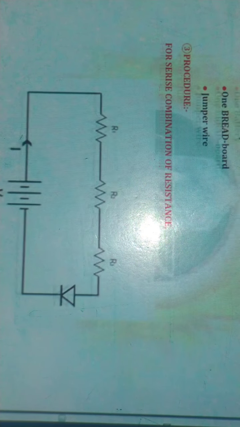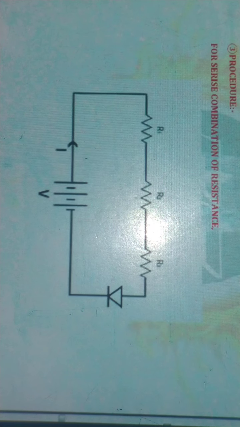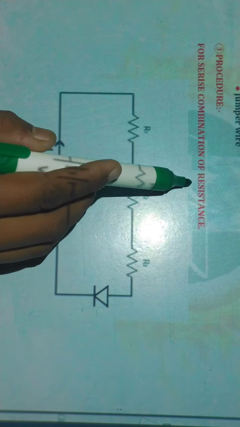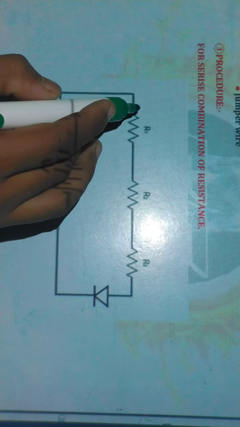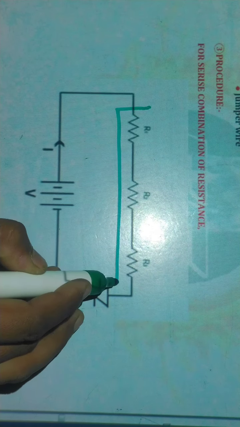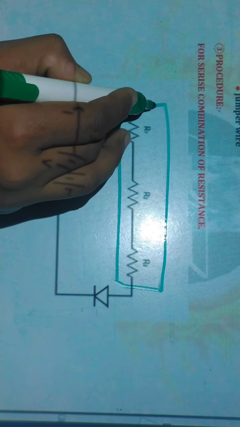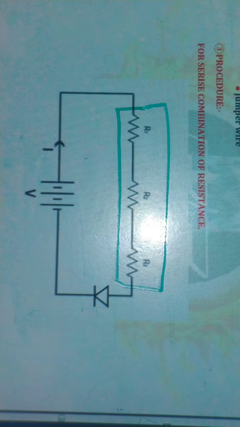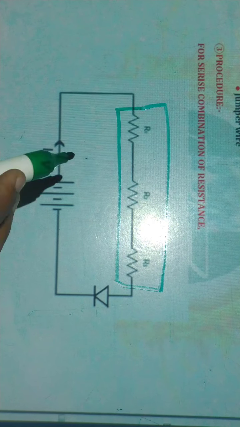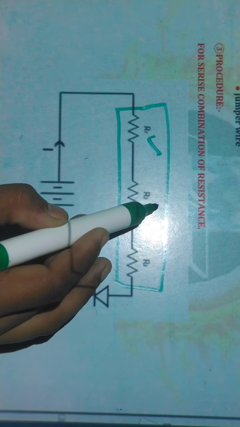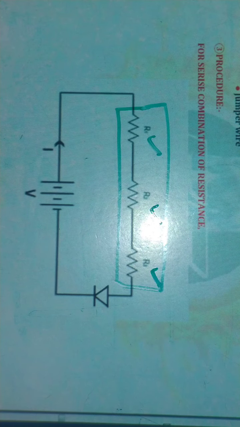What is the procedure? First, to know about the series combination of resistance, see this figure carefully. In the green box, resistance 1, resistance 2 and resistance 3 are connected in a series manner.